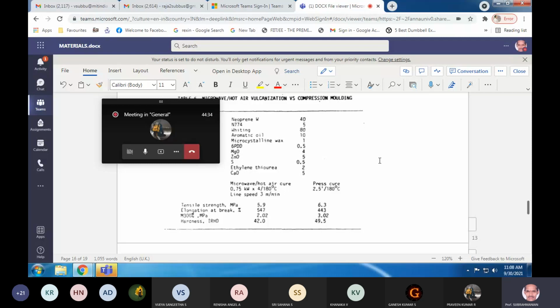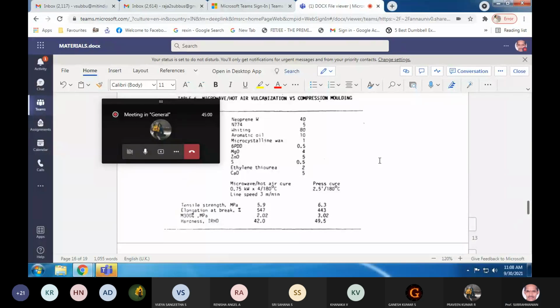This ethylene thiourea, what does it do? It just gets inserted. Similar to sulfur in diene rubber, ethylene thiourea gets inserted. Very important. As a result, it is able to maintain the flexibility. Neoprene W, after vulcanization, maintains the flexibility.